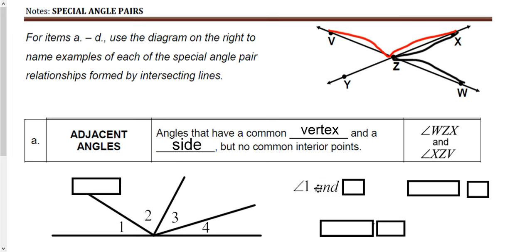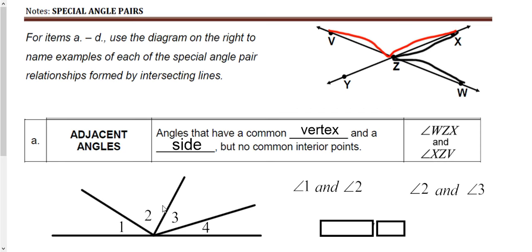Here I just did a different picture. A lot of times when we have a bunch of angles in a picture, they number them, so their numbers are their names, not their measure. Here's angle 1, angle 2, angle 3, angle 4. So in this picture, you can see adjacent angles side by side. 1 and 2 would be adjacent to each other, or 2 and 3 would be adjacent to each other.